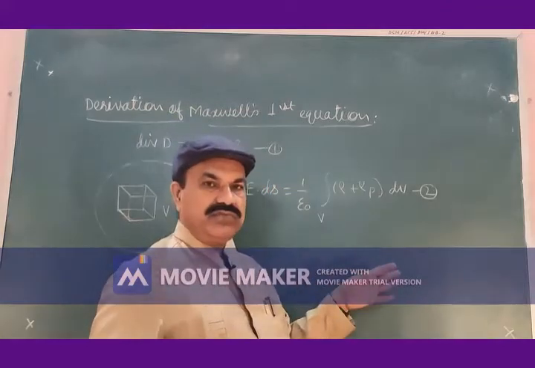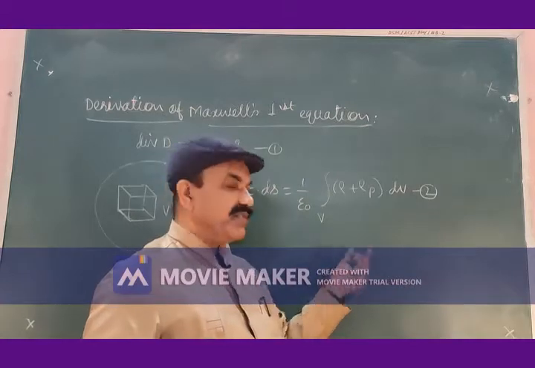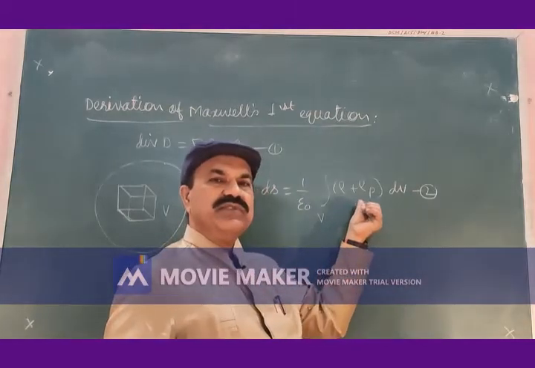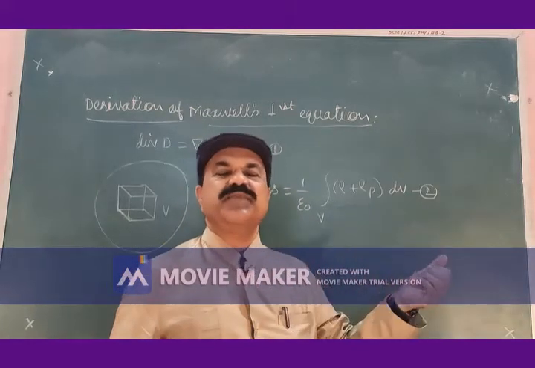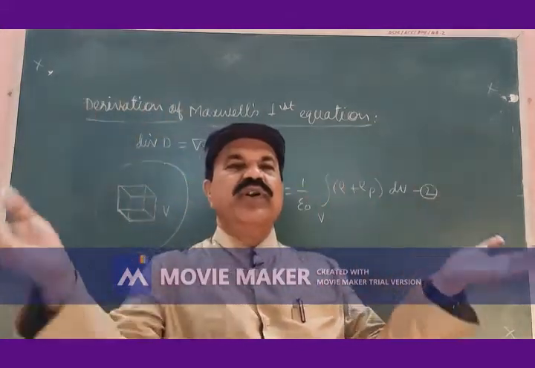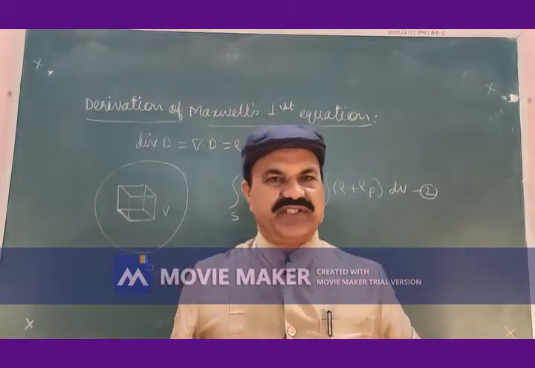is equal to 1 by epsilon 0 times the volume integration of the total charges present inside the volume bounded by the closed surface.